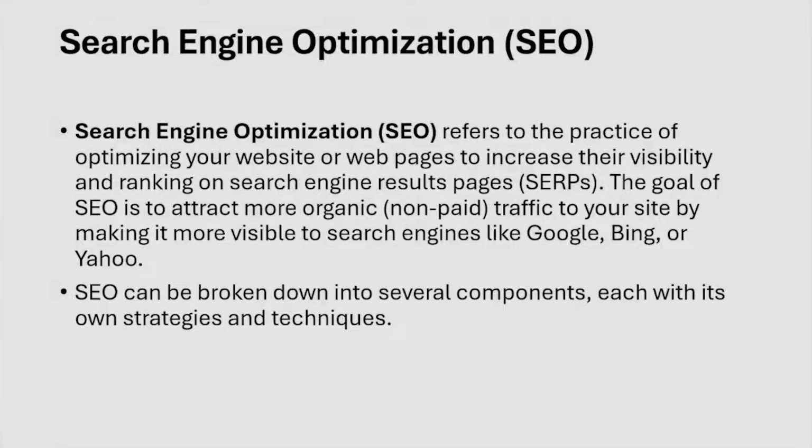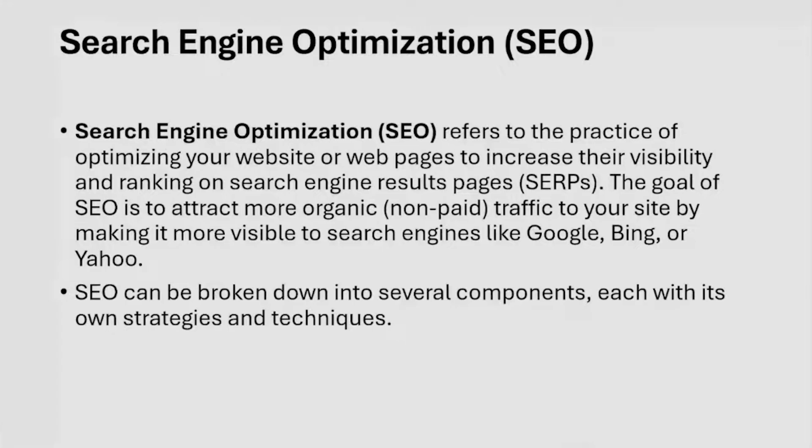There are different techniques so that our web pages rank high in search engines. SEO was a demanding job ten years ago, but now the people who develop websites also do search engine optimization. The goal of SEO is to attract more organic traffic to your site by making it more visible to search engines like Google or Bing.